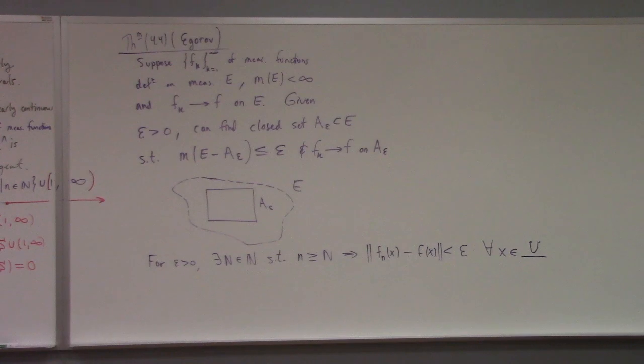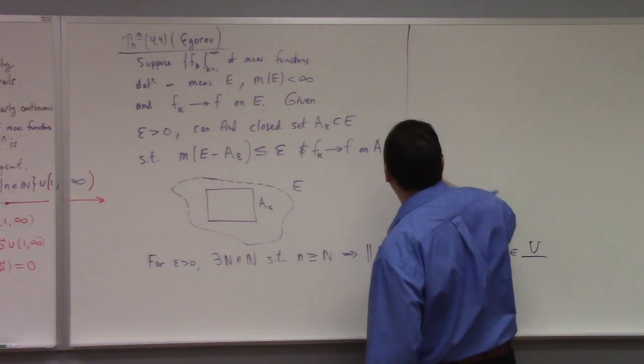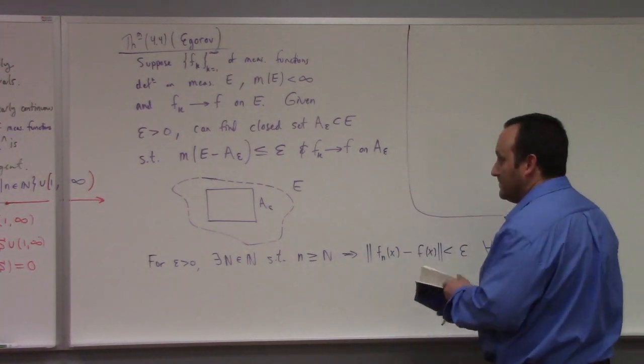What does this closed set have to do with uniform convergence? Why is the fact that it's a closed set helpful? Well, I'm going to leave those questions hanging there.